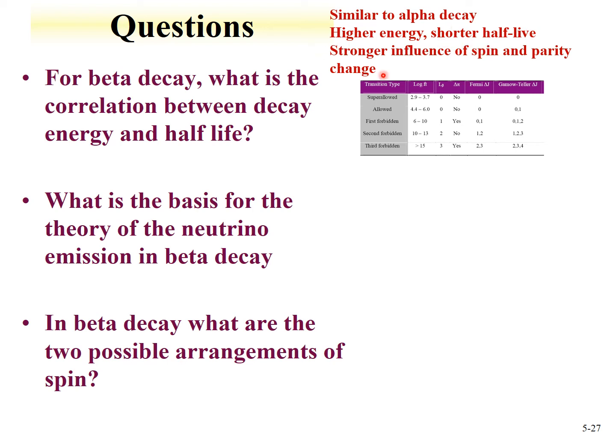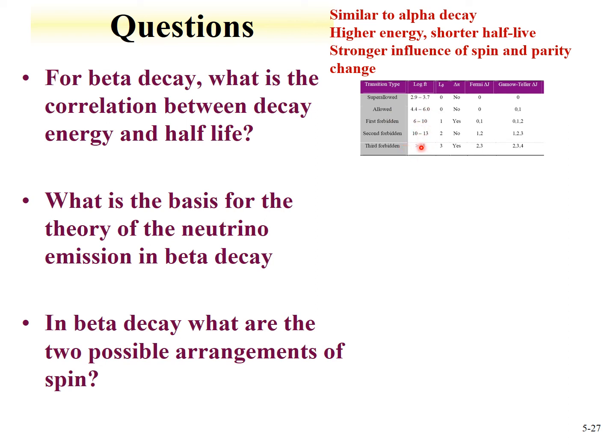However, we see a stronger influence on spin and parity change. We even discussed whether or not a transition can be super allowed, allowed, first, second, or third forbidden. We talked about how that forbiddenness or allowedness is related to whether or not there's spin changes and parity changes. We also discussed how one could evaluate these transition types in terms of logft.